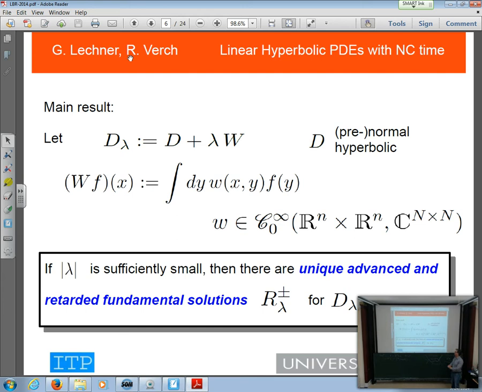So anyway, the main statement that we prove is: if the modulus of lambda is sufficiently small, then there are unique advanced and retarded fundamental solutions, denoted by R plus minus index lambda, for D index lambda, for this operator.